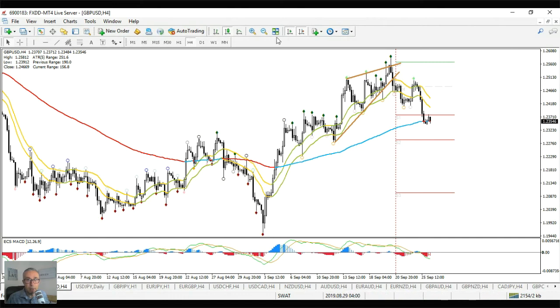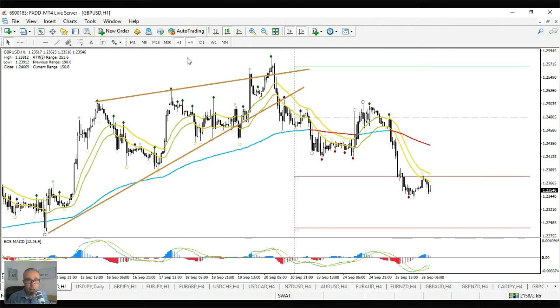Okay, this rising wedge. Then, and by the way, one key note to add is that I expected here already a reversal at first, but then here and here, and price did move lower, but price didn't continue lower. It went sideways.